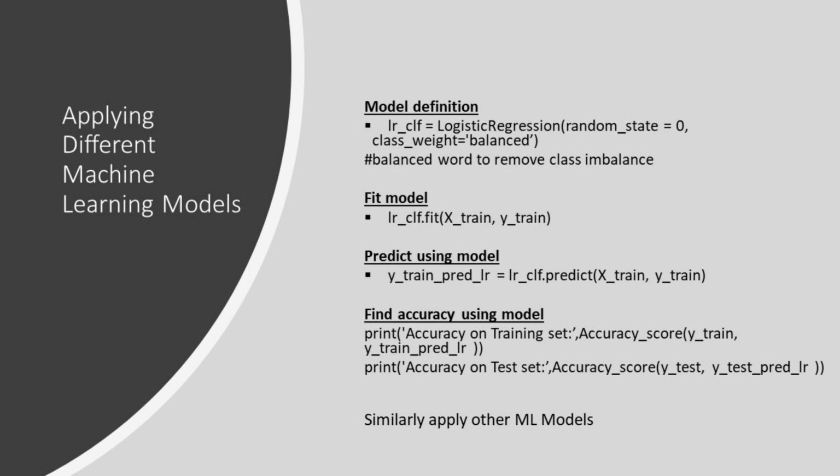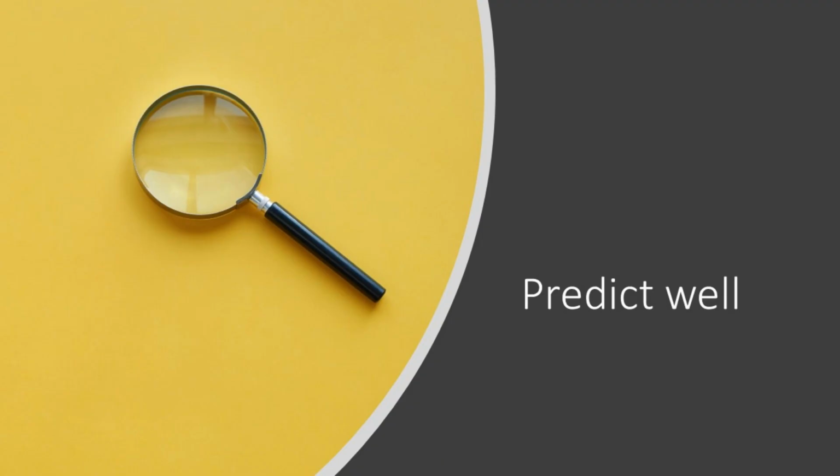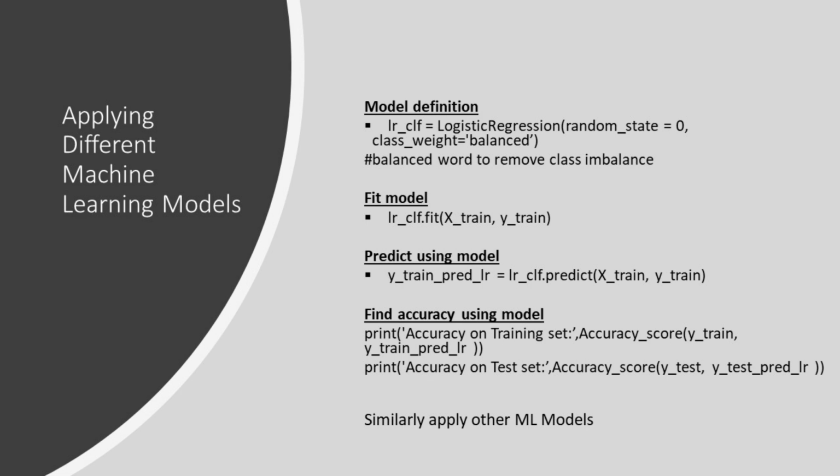Because I have my Y train values and I am asking the model, you predict according to you what should be the Y train values. And then I am checking the accuracy of the data. So I am going to check my accuracy on the training set. You can copy paste this line as it is, exactly the same, provided that your data set is also named X train and Y train.